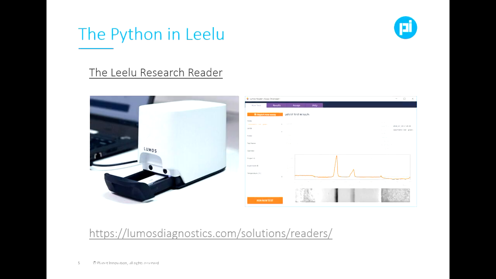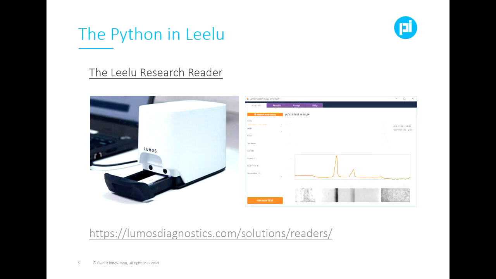To assist people developing these tests and the medical groups around the world, Lumos, a few years ago, developed the Lilu Research Reader. This is a PC-connected USB device that images the test strips under development and assists via the PC app to develop the chemistry and science behind the strips.